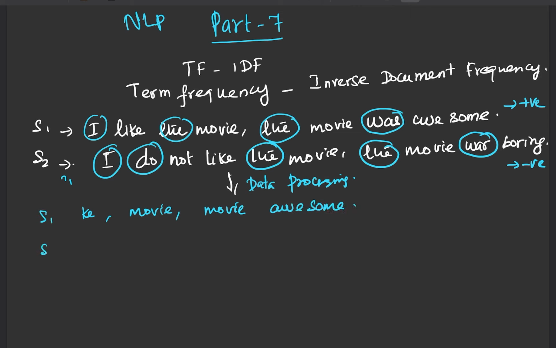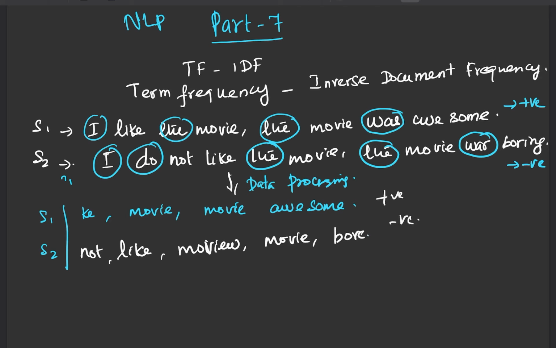This is sentence 1. Sentence 2: not, like, movie, again movie, bore. So this is the positive sentence, and this is the negative sentence.